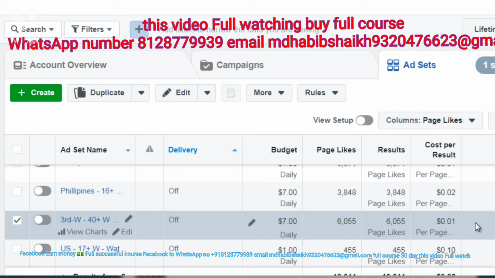Now, like I said, bear in mind that even though these are third world or even tier 1, 2, or 3 countries, or mostly tier 2 and 3 countries, the fact that they're targeted means that they are going to like, comment, and share the posts that are actually going to go up on the Facebook fan page.